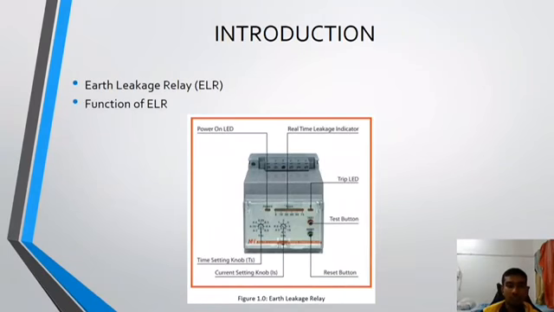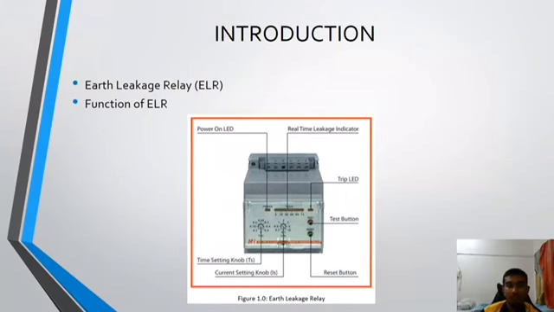Firstly, for the introduction, earth leakage relays, also known as ELR or ground fault relay, are residual current monitors (RCM) that are used to detect potentially harmful ground fault current before they produce a hazard.